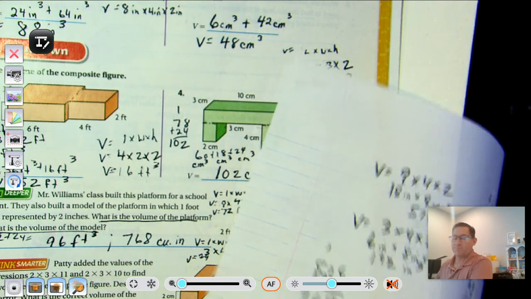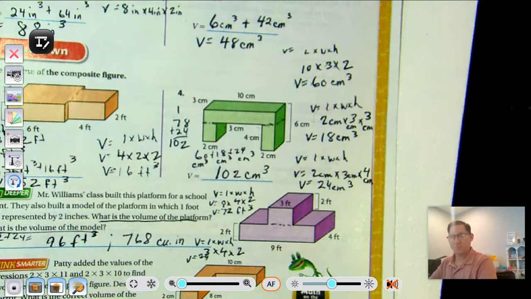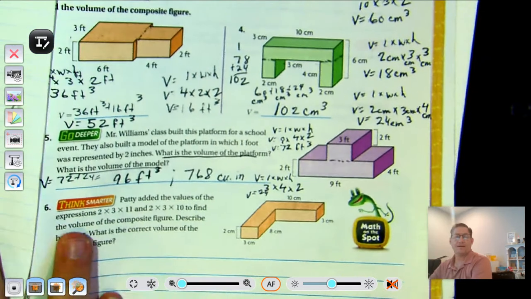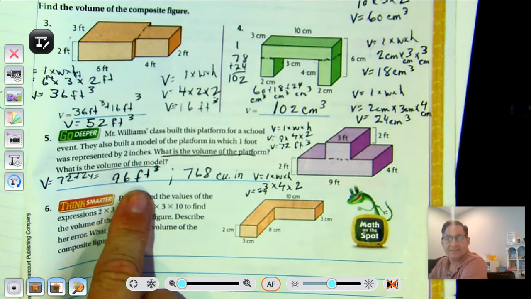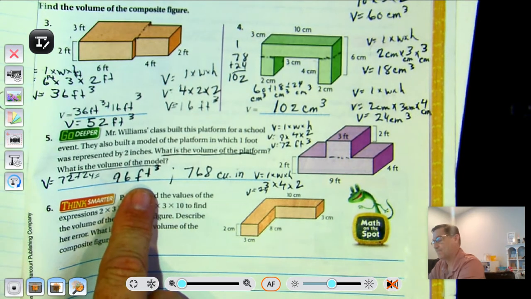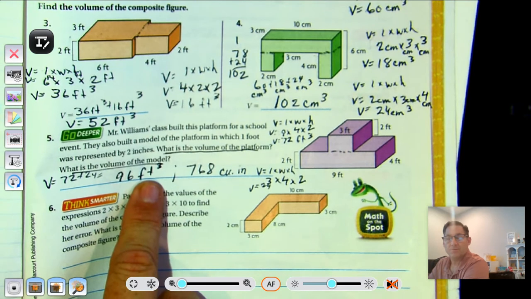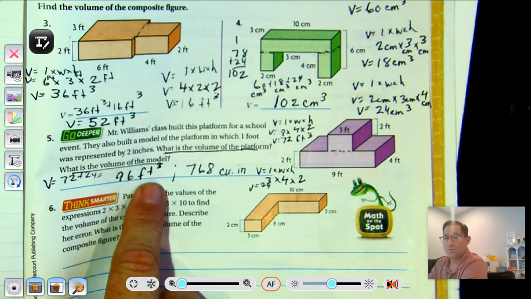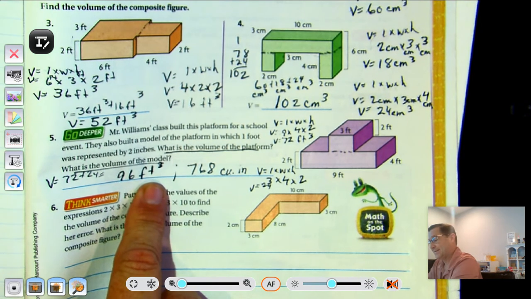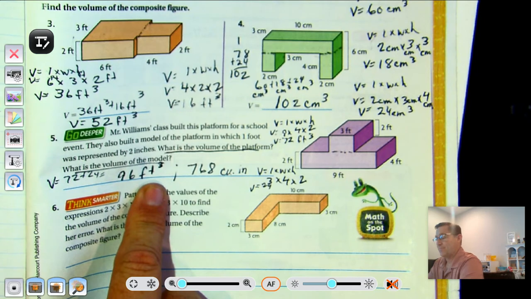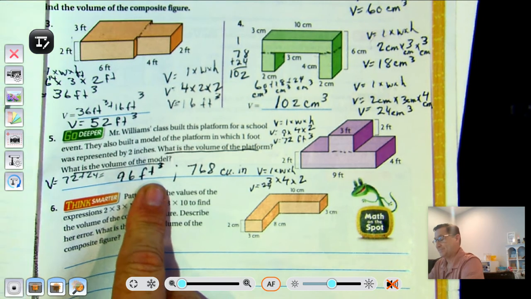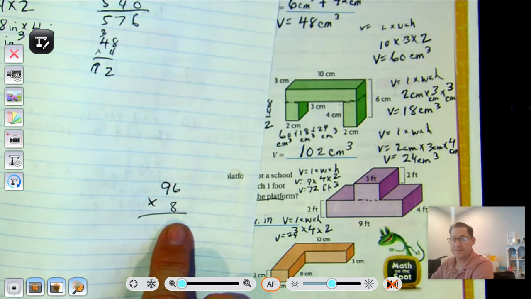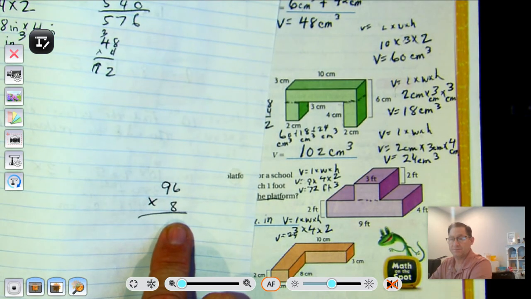All right. Someone might be asking, is there a different way we could have done that? Yeah, basically, we could have taken the 96 cubic feet, and since it's cubic feet, there's 3 dimensions, right? So if we take the 96 and multiply by 8, because what they're saying is take every foot and make each dimension 2 inches.